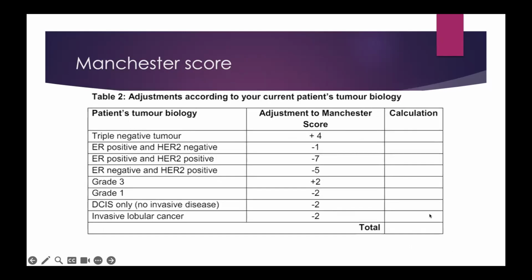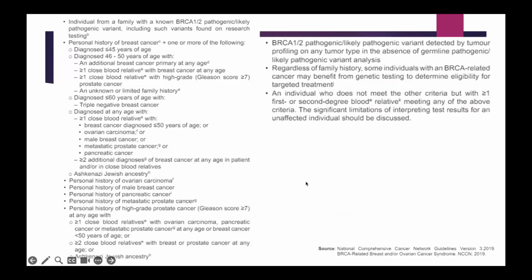If the patient comes to us already diagnosed with cancer, we have to look at the tumor biology and follow the adjustment, whether plus or minus, as we can see here. This is a long list of NCCN guidelines on which patients to bring for genetic testing.